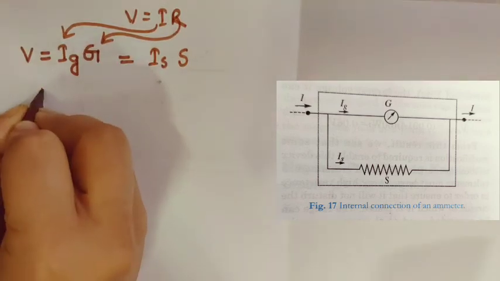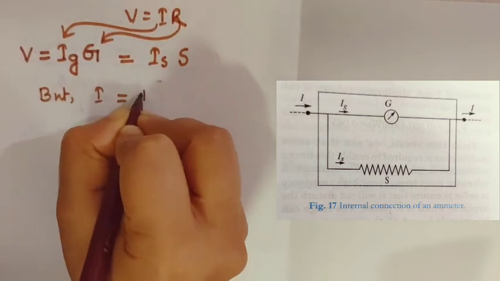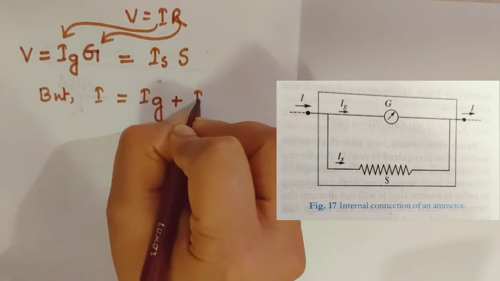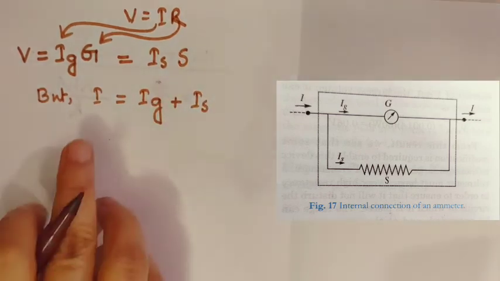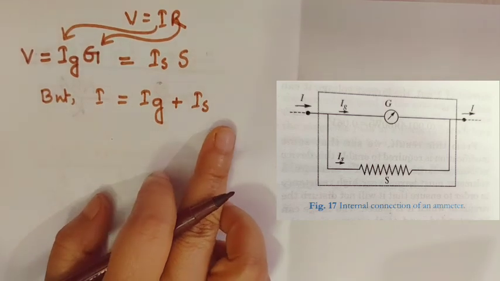Now again from this figure we can see the total current I is divided into two parts, through the galvanometer and through the resistor, Is. So we can write I is equal to Ig plus Is, right?